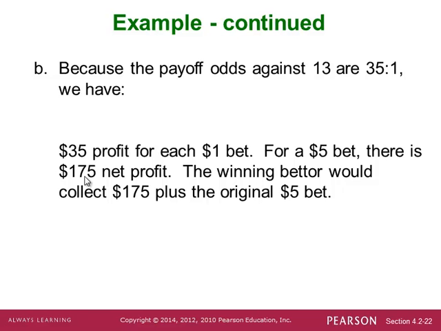That means the $5 that you paid for your ante, you'll get that back plus the $175 profit, for a total of $180. So to calculate how much money you would get in net profit, you would take the dollar amount that you bet times the payoff odds.